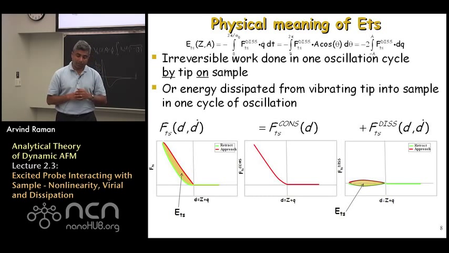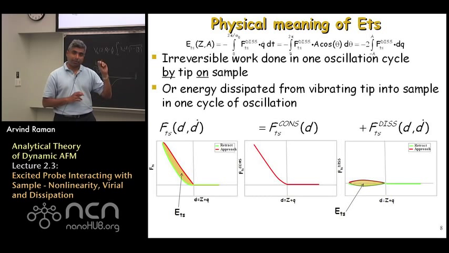What I've shown at the very bottom is a typical tip-sample interaction force with hysteresis involved. As a function of d, when you approach the sample, the interaction force increases. When you move away from the sample, it follows a different path, which we can break up into the additive sum of a conservative part and a purely dissipative part, as shown.